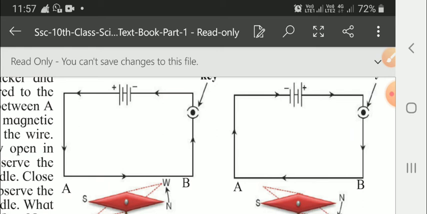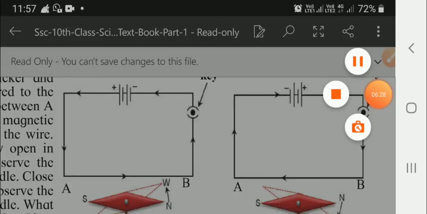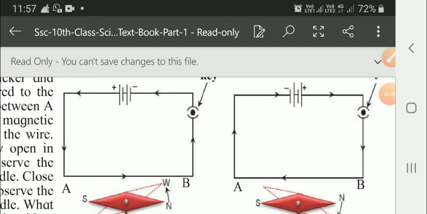Now children, we learn from this experiment that the magnetic effect is observed because of the current in the wire. When the current flows in the wire, only then is a magnetic field observed. Because of the current in the wire, the magnetic field is observed, and electricity and magnetism are closely related.